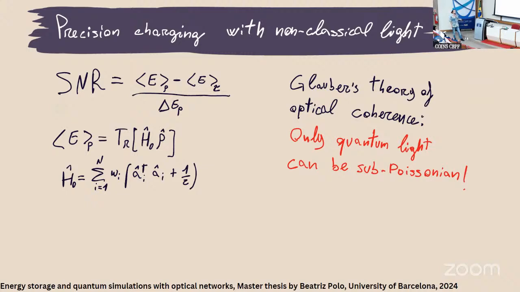And this is naturally linked to Glauber theory of optical coherence. Why? Because only quantum light can be sub-Poissonian. So if I want to go beyond a certain threshold of the signal-to-noise ratio, I need to use, at the very least, squeezing, which is a non-classical resource. But even that, if I only use squeezing, which is, again, a Gaussian operation, I'm limited in some sense. And to go beyond, I have to use non-Gaussian operations.